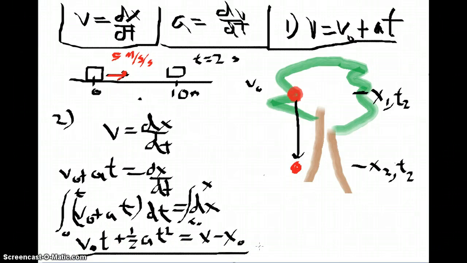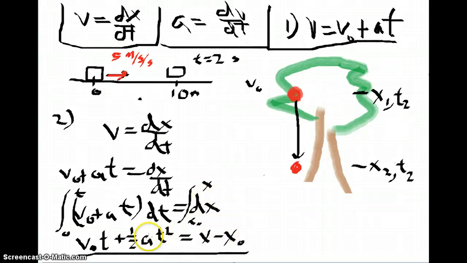See all the steps of this? Again, we're integrating with respect to t, so v naught is a constant. Integrate, it's v naught times t. Now at, so a is a constant, but t is the variable here, so the integral of t is going to be half t squared, so half t squared times a, and this is equal to x minus x naught because we have 1 times dx, so the integral of 1 dx is x, and x minus x naught is what we have on this side.